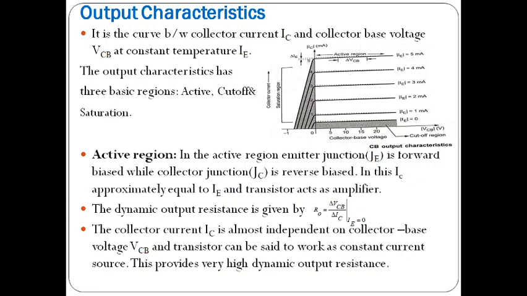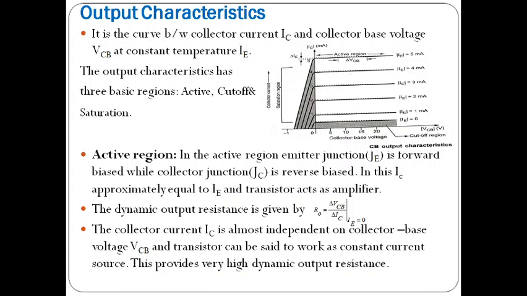Again, I am taking the mod value, so you can draw it for NPN and PNP transistors; you can consider anyone. The output characteristics has three basic regions: active, cutoff and saturation region, which you can observe in the CB output characteristics figure.